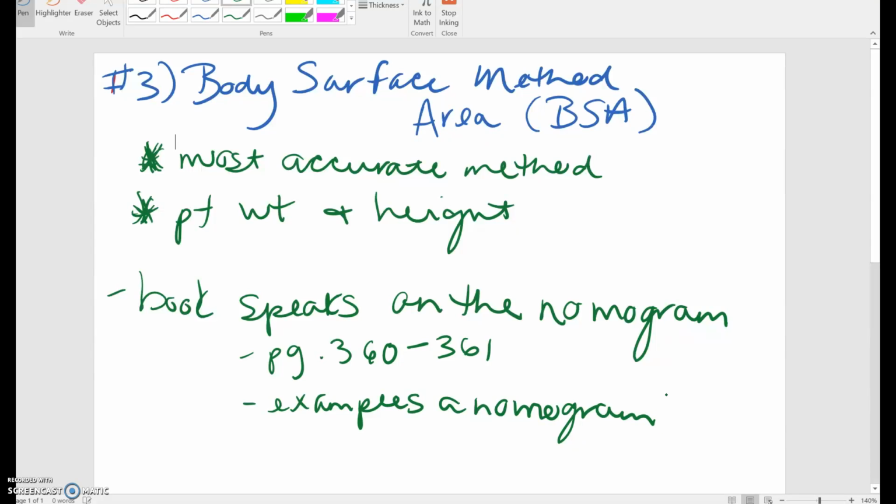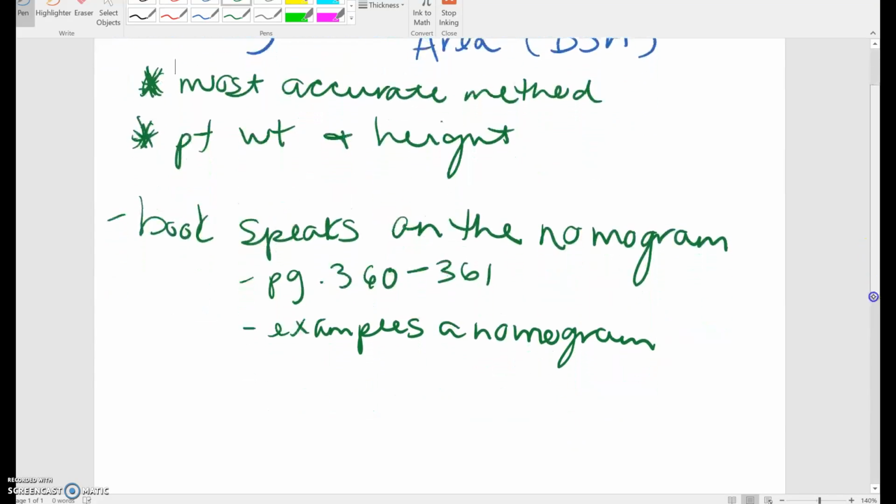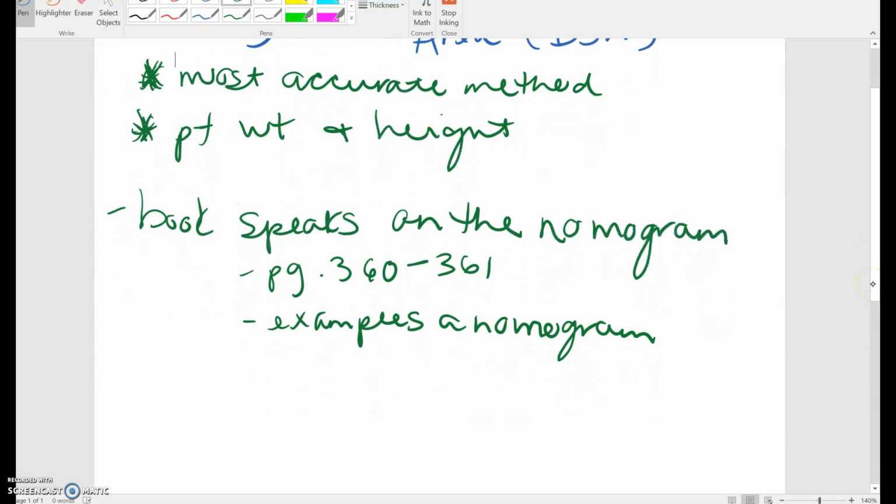And basically, with a nomogram, what you're doing is that you are taking the height of the patient, the weight of the patient, and you're using a ruler and you're drawing a straight line in between each of those indications, the height and the weight, and you're determining where that line crosses on the quote-unquote normal height or weight for a patient on a nomogram.